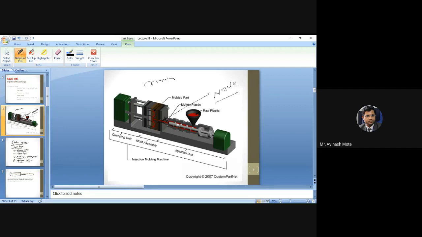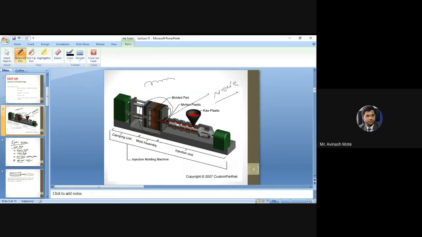Before that there is a simple mechanism. So the feeding mechanism generally deals with the mechanism from the nozzle onward. We are going to see the details of the feeding mechanism from this point ahead, from the nozzle point, not before that.